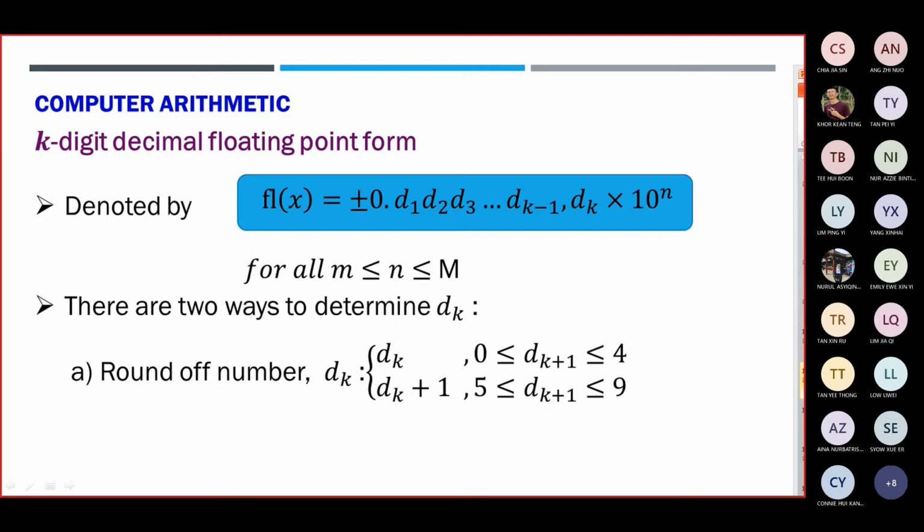This is how we calculate by practice as humans, but the computer would not do that. Remember, it's just a machine. Mostly the computer will use the chopping criteria.